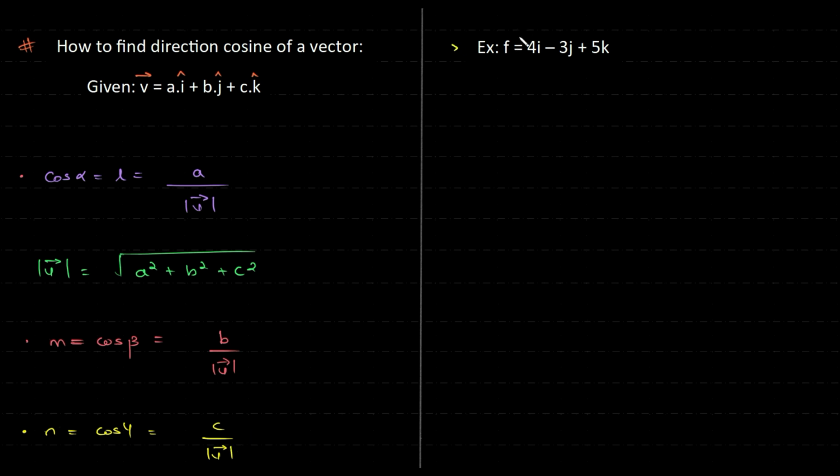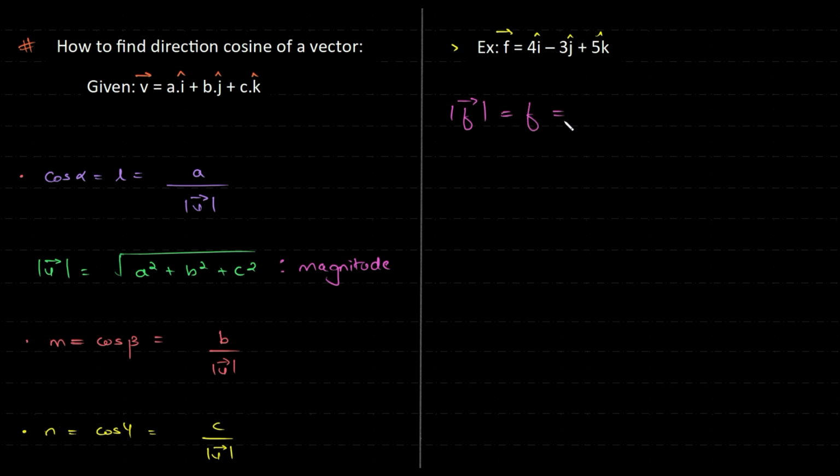So if we have a particular example like this, a particular question, the very first thing I would advise is find the magnitude. Remember, this is nothing but magnitude. Or actually, even this is also okay.